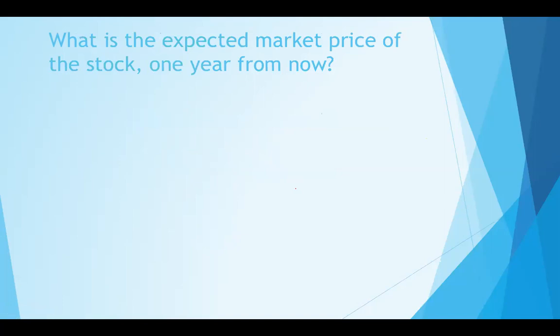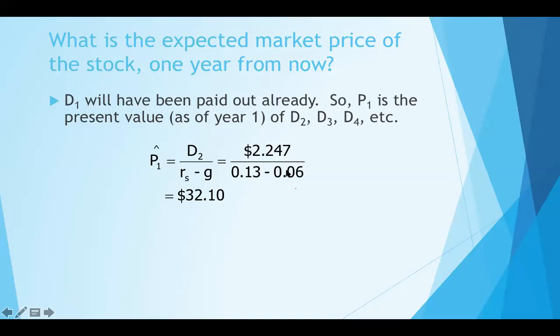So what is the expected market price of the stock 1 year from now? Of course, the expected price, P1, next year's price, should be D2 instead of D1.